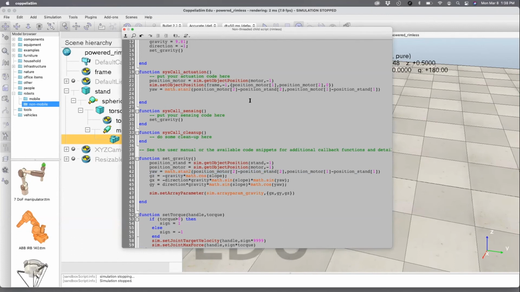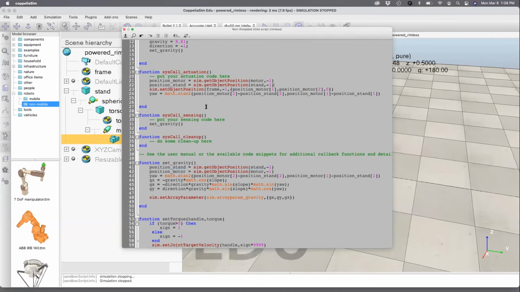So I compute the yaw angle, but I need the stand stuff. So I get the yaw angle, and since the yaw angle, if you saw my notes, is defined as the angle made with the x-axis, I need to rotate about the z-axis, right? All the rotations we've talked about in 2D are rotations about the z-axis.